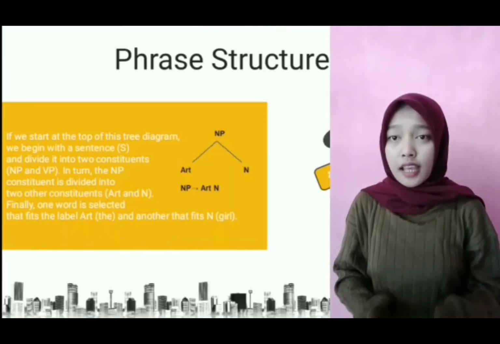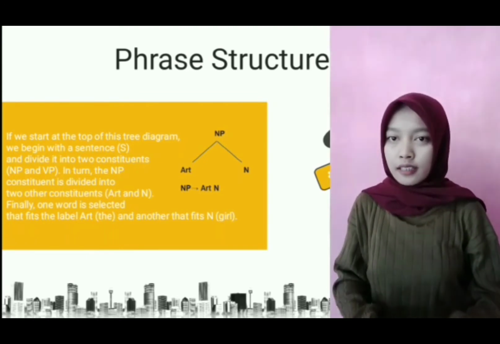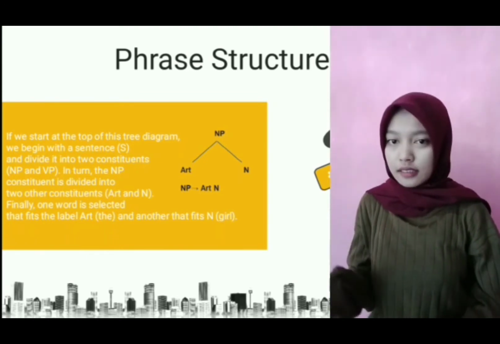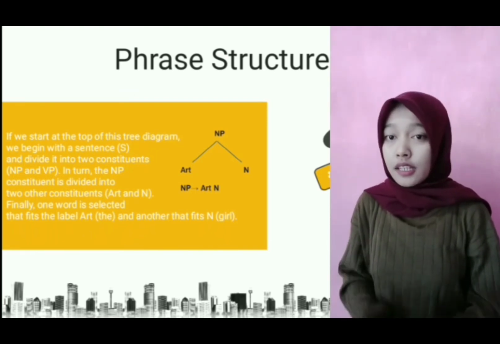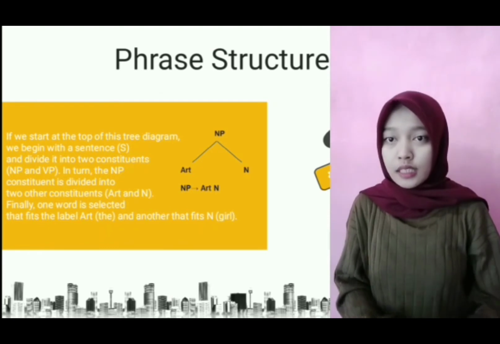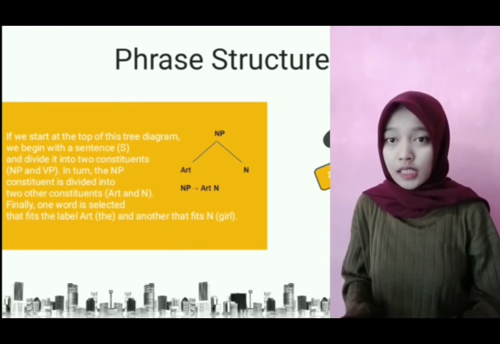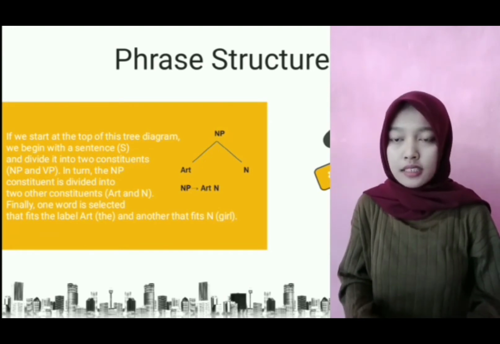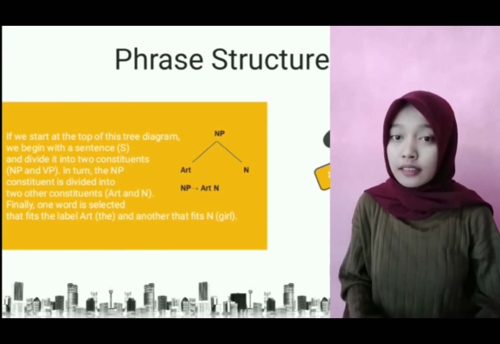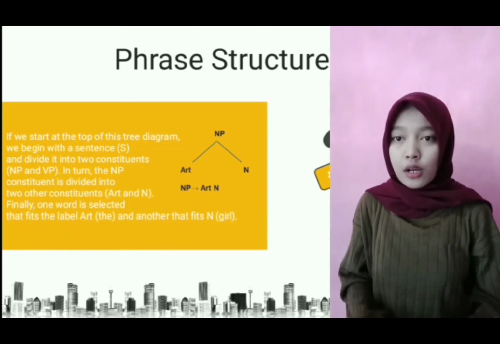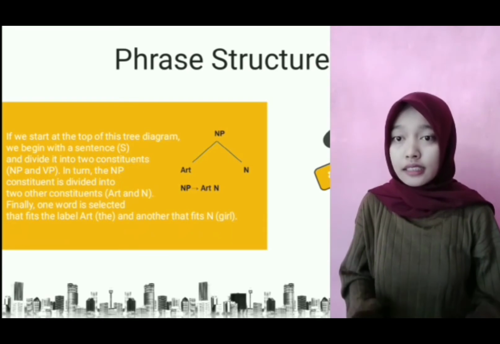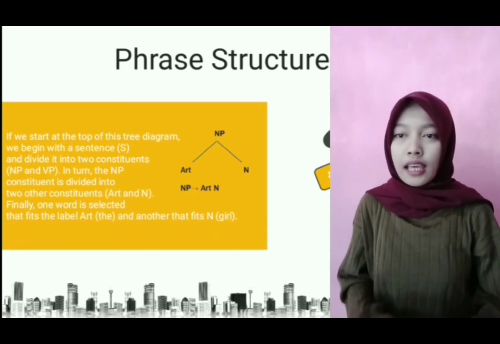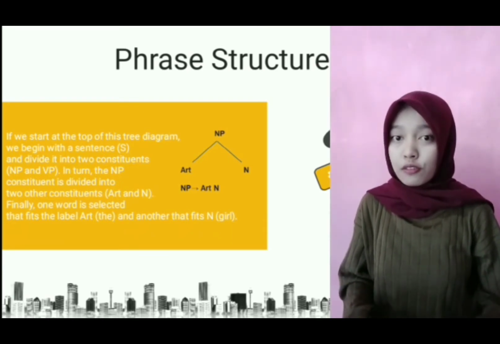If we start at the top of this tree diagram, we begin with a sentence and divide it into two constituents, noun phrase and verb phrase. In turn, the noun phrase constituent is divided into two other constituents, that is, article and noun. And finally, one word is selected that fits the label article, the, and another that fits noun, girl.